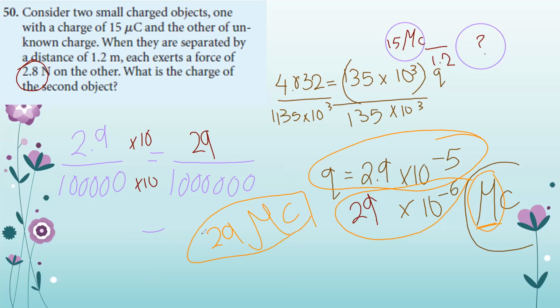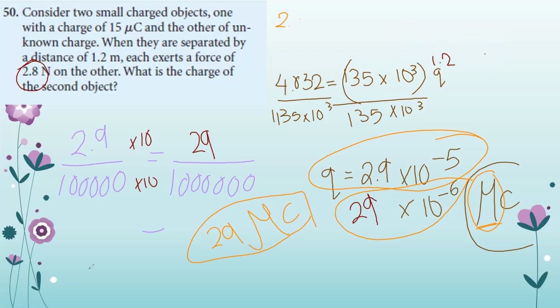Teacher, I have one question, please. Yes, dear. Here, 4.032 equals the other equation. Why is it not 2.8? Here, if you remember, it was 2.8. Wait, please, let's clear here.